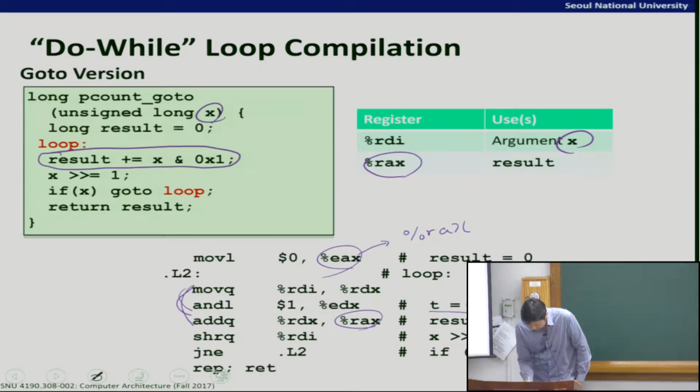And we shift this RDI register to the right by 1, and here we use JNE. JNE is basically jump if not equal. So if it's not equal to 0, then we go back to the head of the loop, L2. Otherwise, we simply go to the next instruction. Okay, so that's almost a direct translation of the goto version of the C code into assembly, right? It's the same pattern.